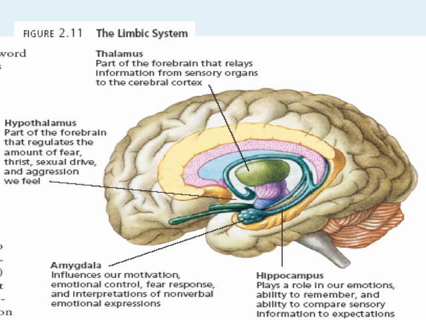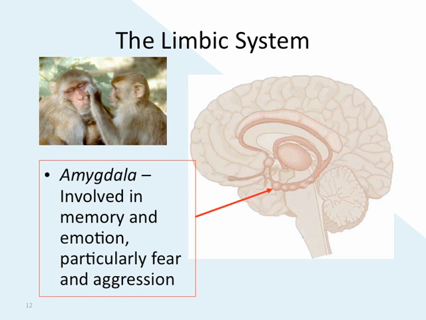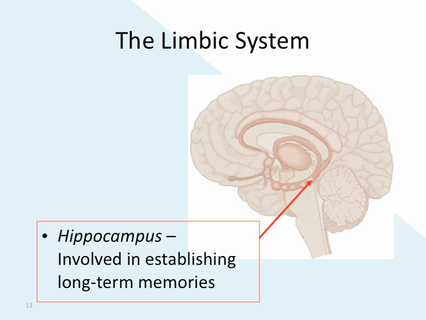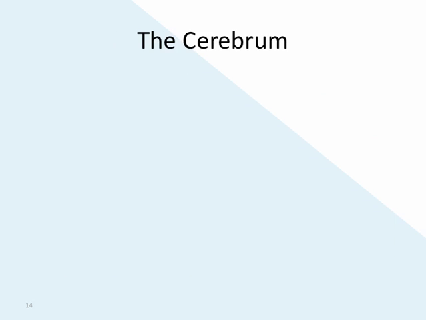Finally, the hippocampus plays a role in our emotions, ability to remember, and ability to compare sensory information to expectations. The limbic system, just to simplify it a little bit for you: amygdala involved in memory, emotion, particularly fear and aggression. The hippocampus is involved in establishing long-term memories.